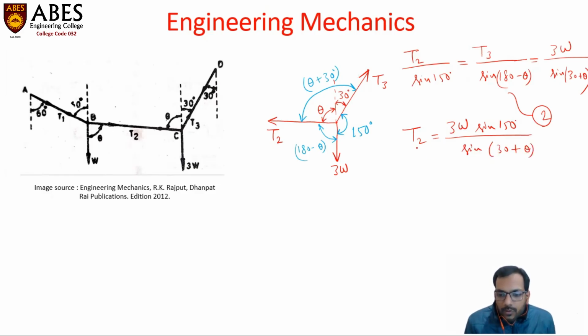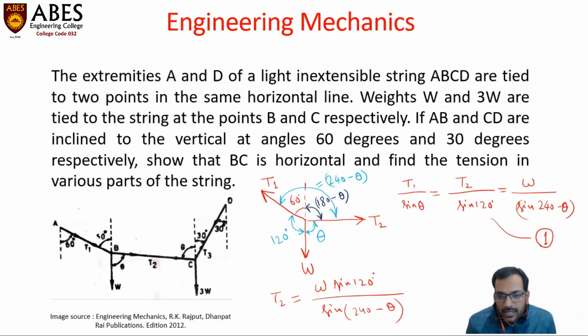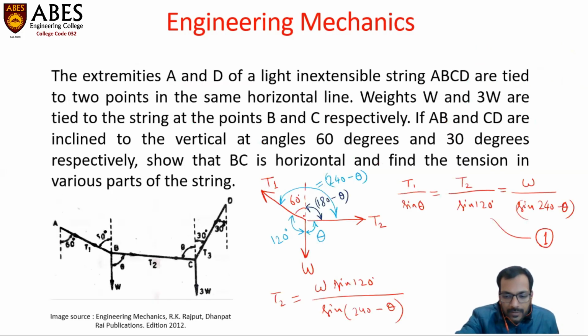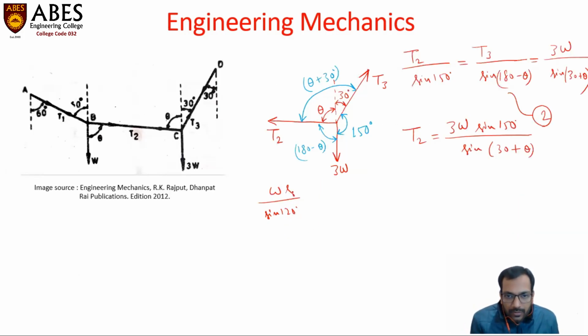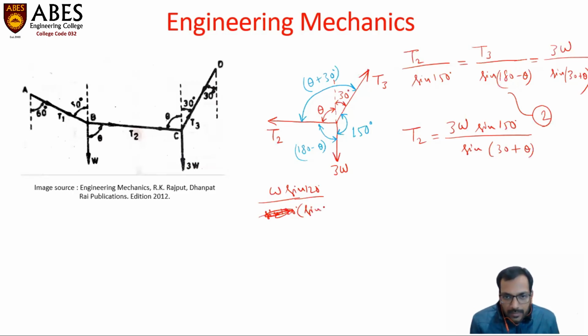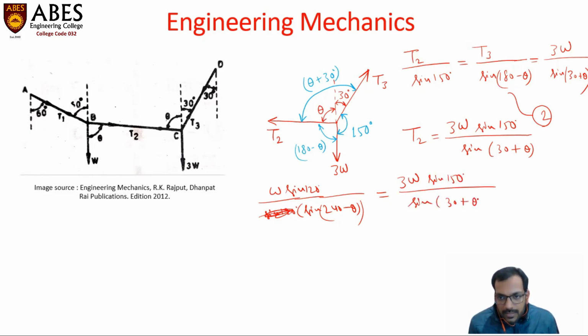So both of these values are representing T2. So let's equate the values of T2. So it's W sine 120 upon sine 240 minus theta is equal to 3W sine 150 upon sine 30 plus theta.